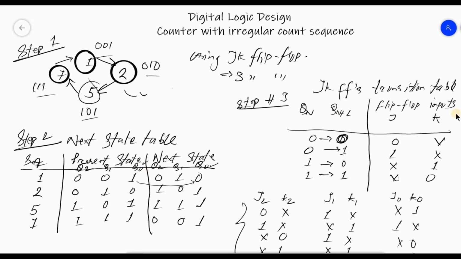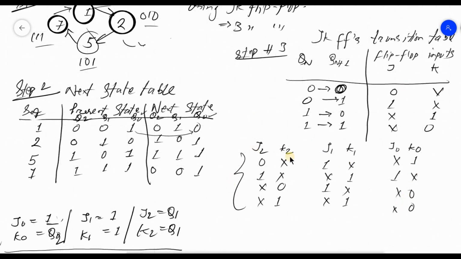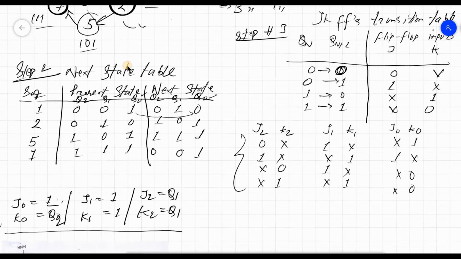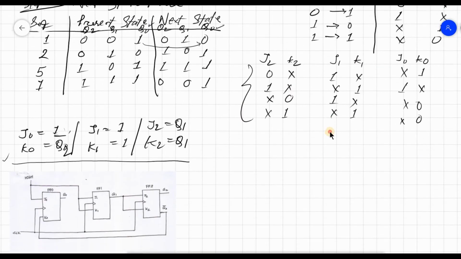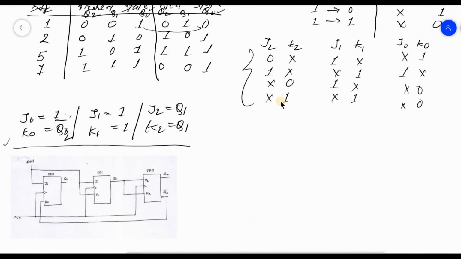Using the JK flip-flops transition table that I have used here, the JK input values can be easily determined from the next state table, and then simplifying using K-map the inputs of JK pairwise will get different values for J0, K0, J1, K1 and J2, K2 will have more values if our counter is of greater bit size. And finally, using this simplified equation, we can get the logic diagram for our counter that will serve our purpose. So I hope the concept is clear to you people right now.